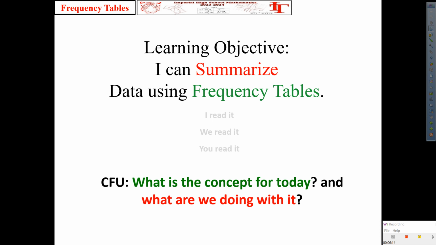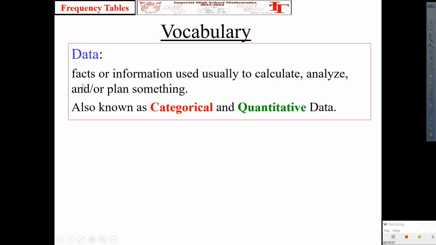So, frequency tables. Today we're going to get into frequency tables, but one thing, I don't know if you guys noticed since last week to this week, I've been talking about data. Now, data could be represented in so many different ways. So, writing utensils down, look up to the screen. When I talk about data, I talk about facts or information that we usually use for calculation or analyzing.